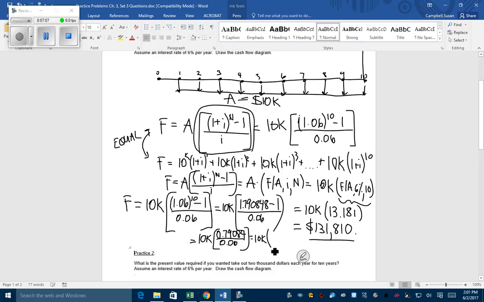And when I work that number out, I get, lo and behold, 13.18079, which is the same as what we got in our table.